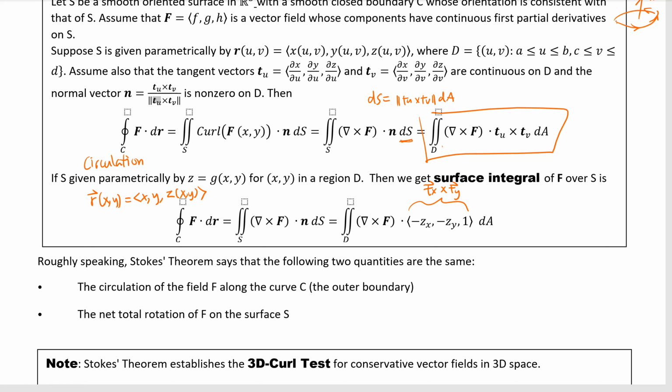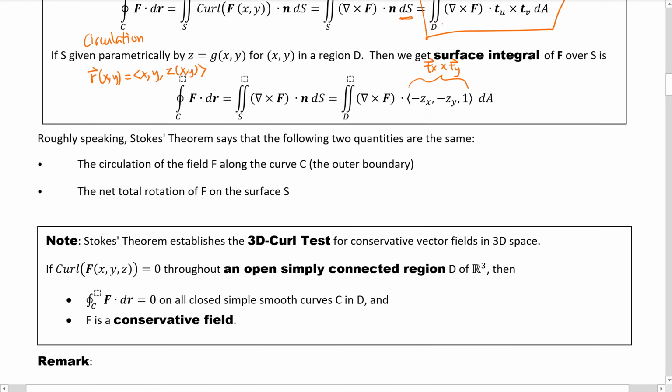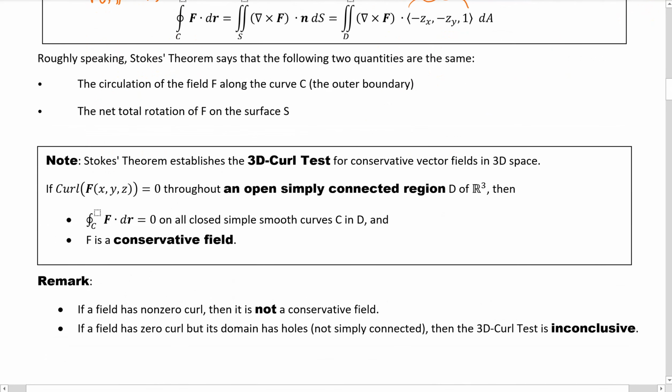Okay. Roughly speaking, the following two quantities are the same. First, the circulation of the field along the curve C, the outer boundary. Second, the net total rotation of the vector field on the surface S. All right. Note that Stokes' theorem establishes the 3D curl test for a conservative vector field in three-dimensional space.